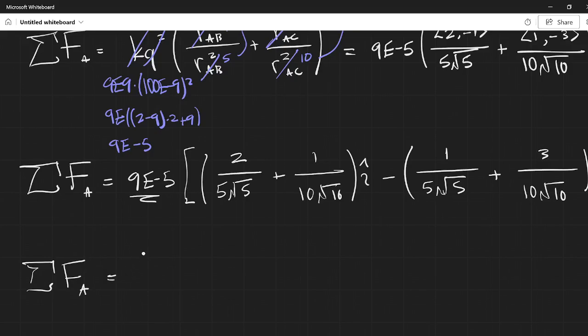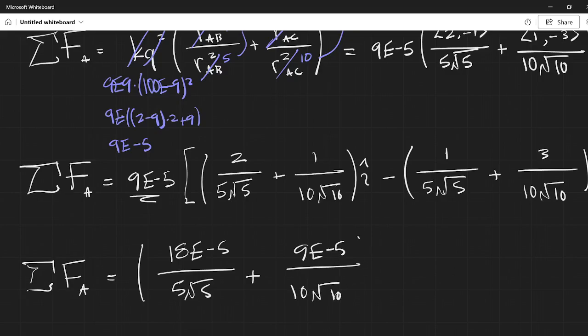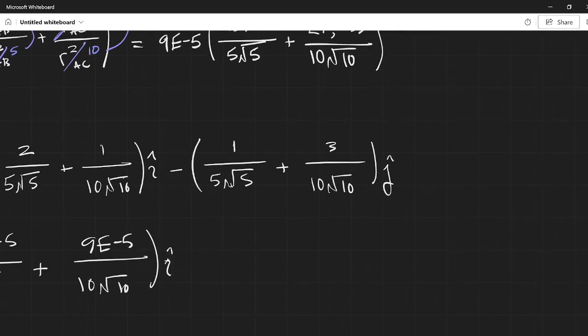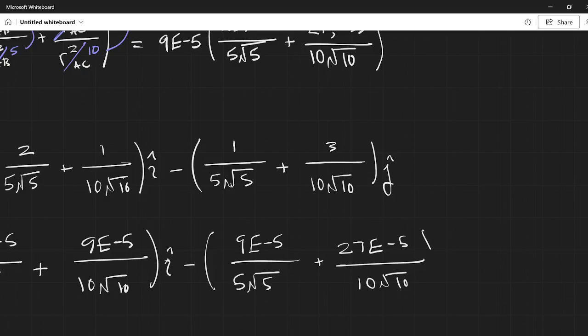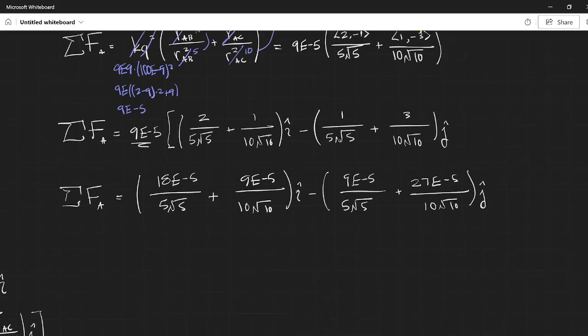So we're going to call this 18e to the negative 5 over 5 square root of 5 plus, and then just continuing the distribution. All right, and that is our vector.